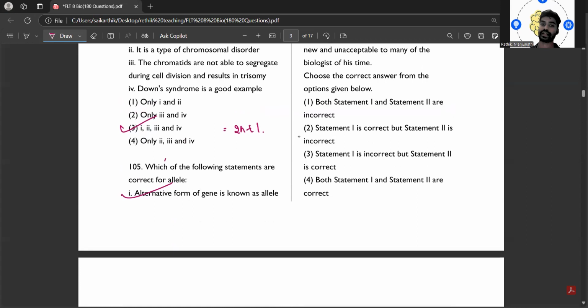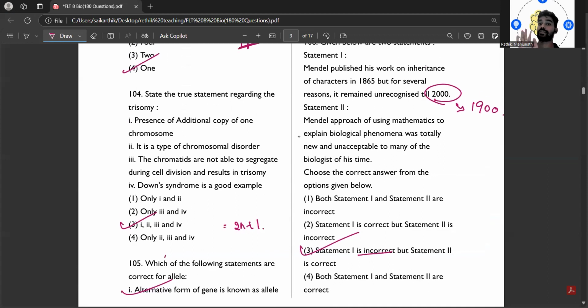So statement one is incorrect and statement two is correct. Statement two says Mendel's approach of using mathematics to explain biological phenomena was totally new and unacceptable to many of the biologists of that time.